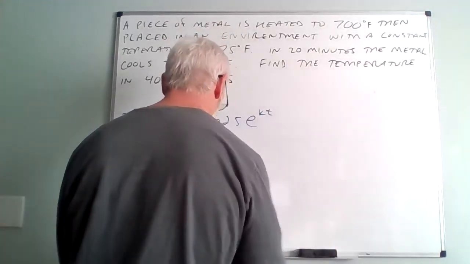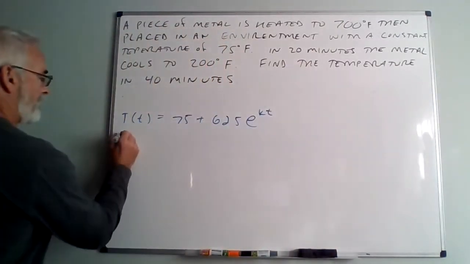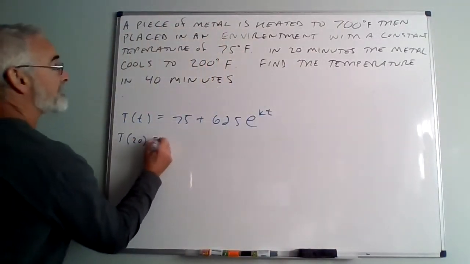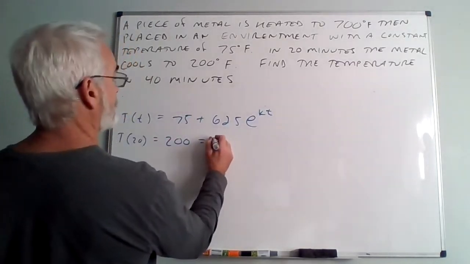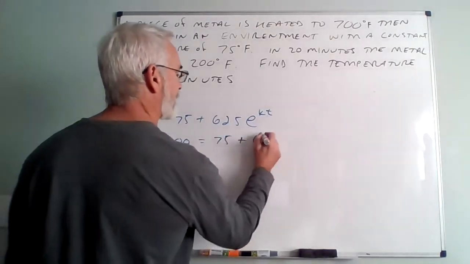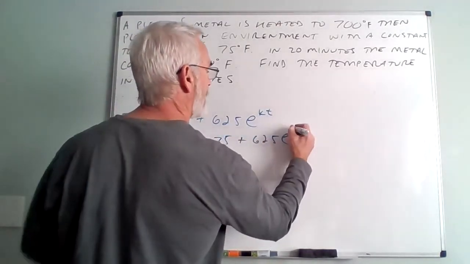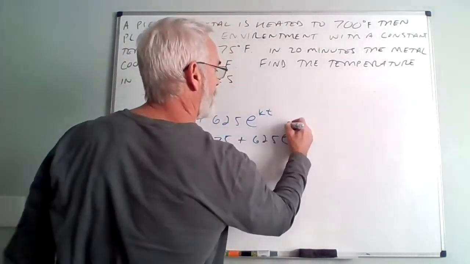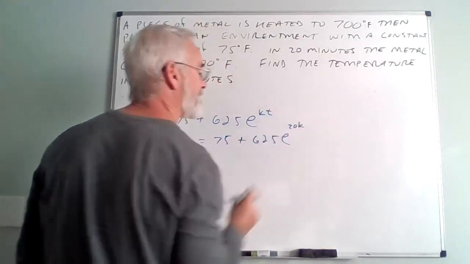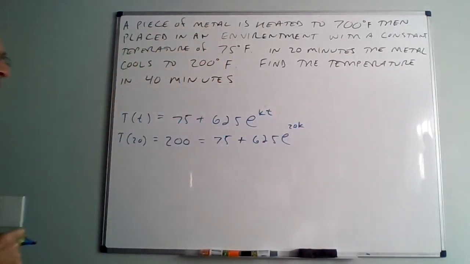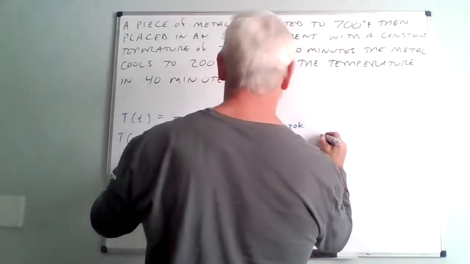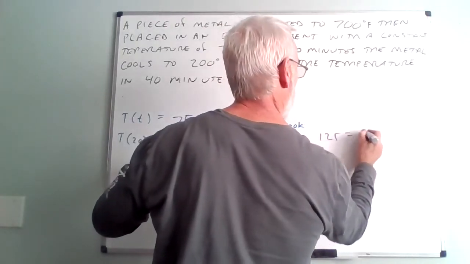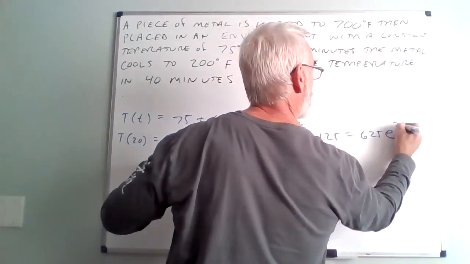Using this only, in 20 minutes, we know that T(20) is equal to 200, but that's equal to 75 plus 625 e to the k times 20, or I'll just write it as 20k. Now we have an equation where we can easily find k by using logarithms. If I subtract 75 from both sides, I have 125 equals 625 e to the 20k.